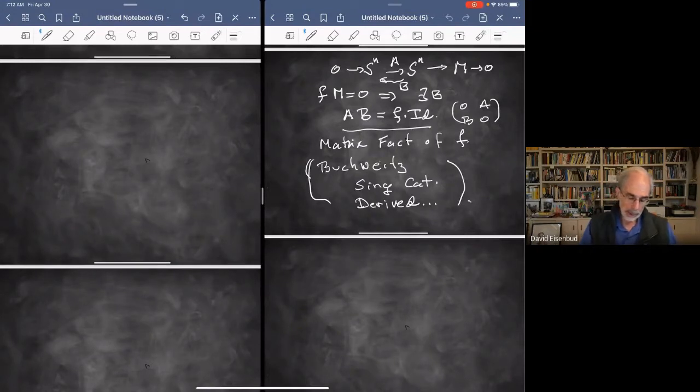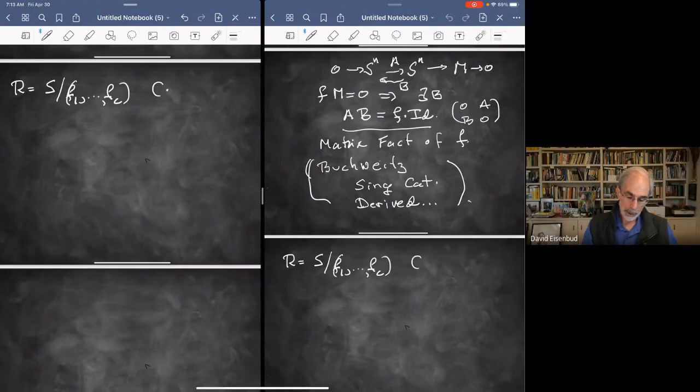But I did do one other thing. I said, well, what about in the case when R is S modulo F_1 up to, let's call it F_c, a complete intersection of codimension c.